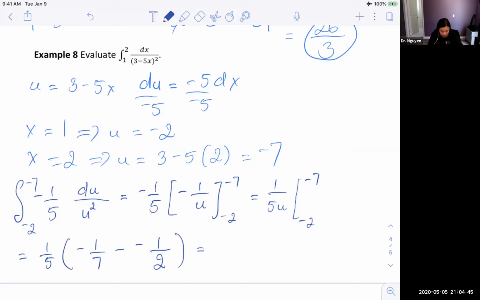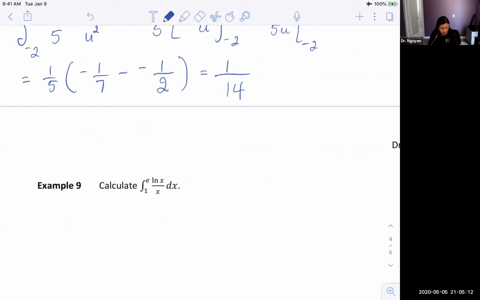So when you calculate, you're going to get 1 over 14. Okay. All right. So as you can see, I don't even have to go back and plug it in for x because we already solved it for u. So we're just going to stick with u. Okay.